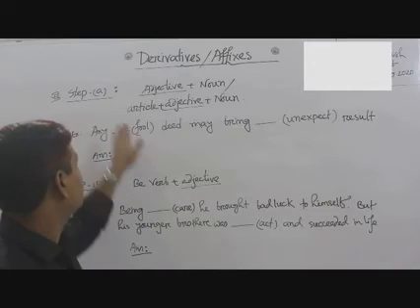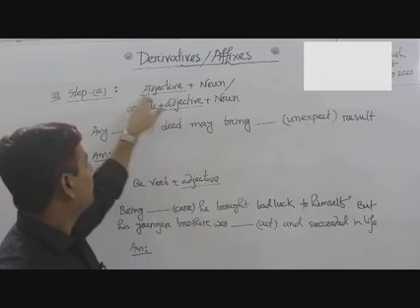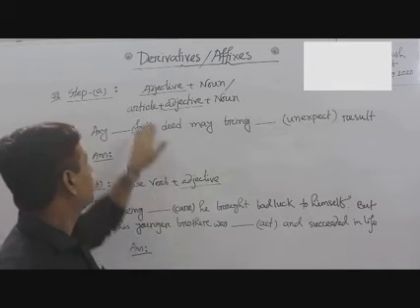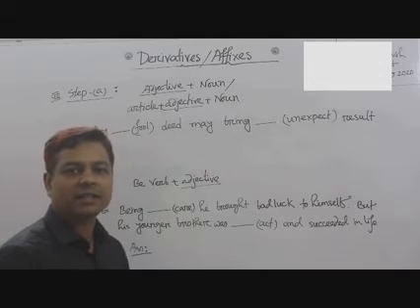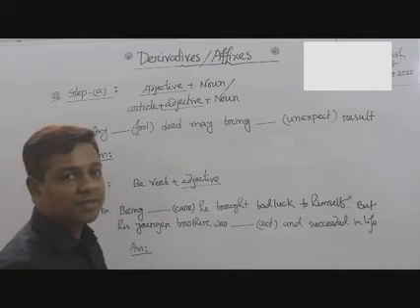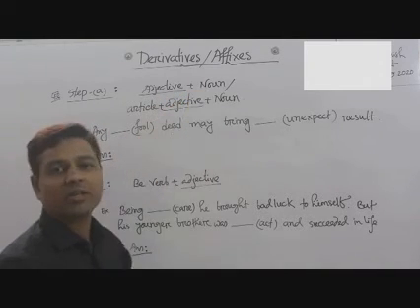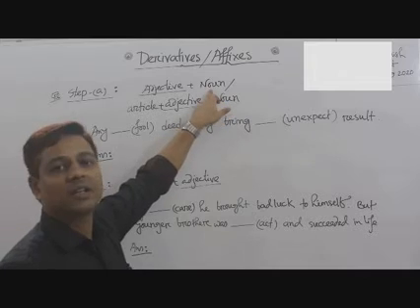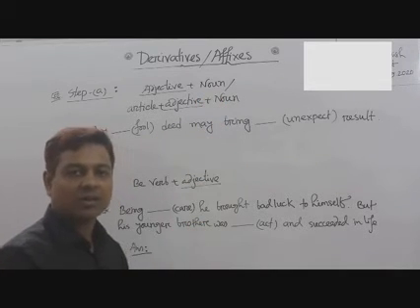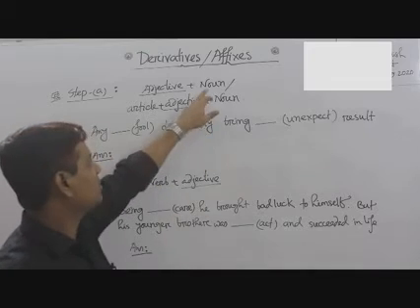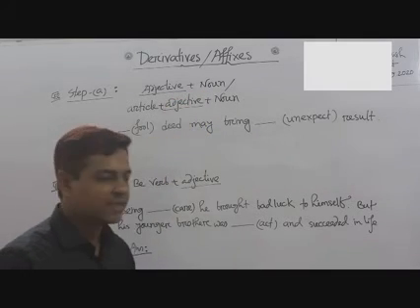Dear learners, here in the first step we can see adjective plus noun, or article adjective noun. As we have seen earlier in the rules of nouns, we have seen adjective plus noun, but the blank was in the place of the noun. That means after an adjective we have to use a noun. Vice versa, here also before a noun we have to use an adjective.